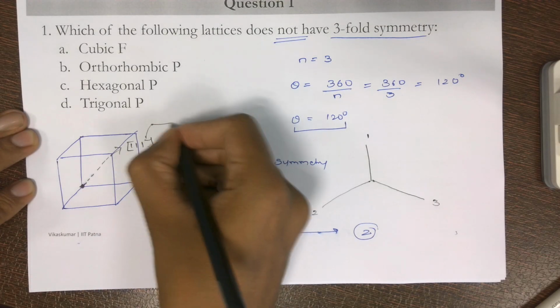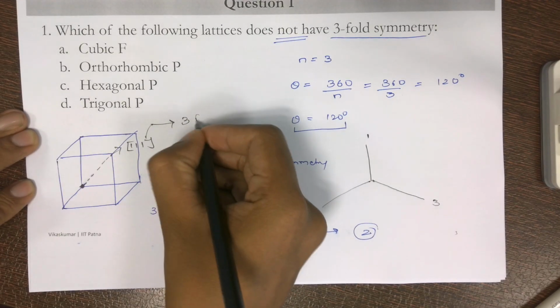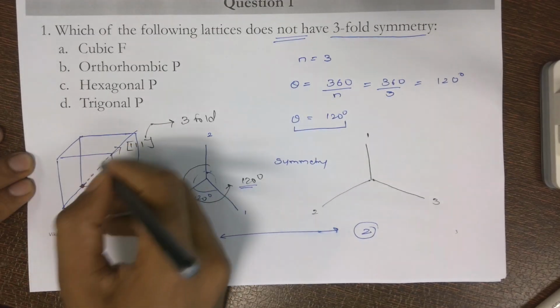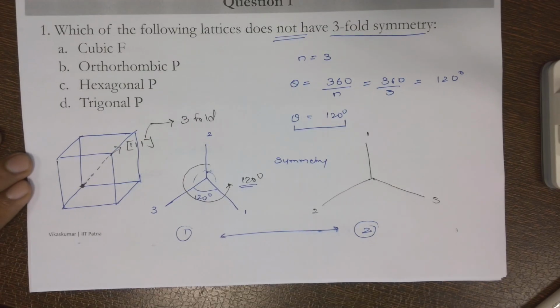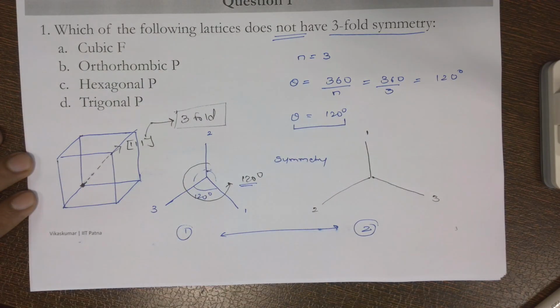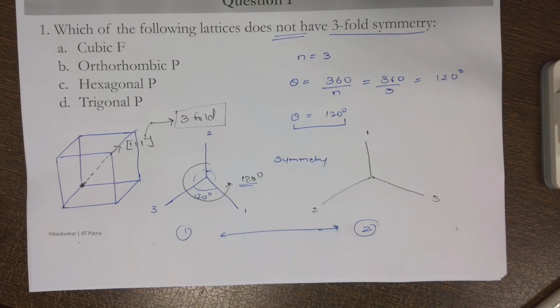About this particular direction, there are threefolds. So if I rotate the cube about this particular axis, what is going to happen? It will form the threefold. The symmetry will be preserved.